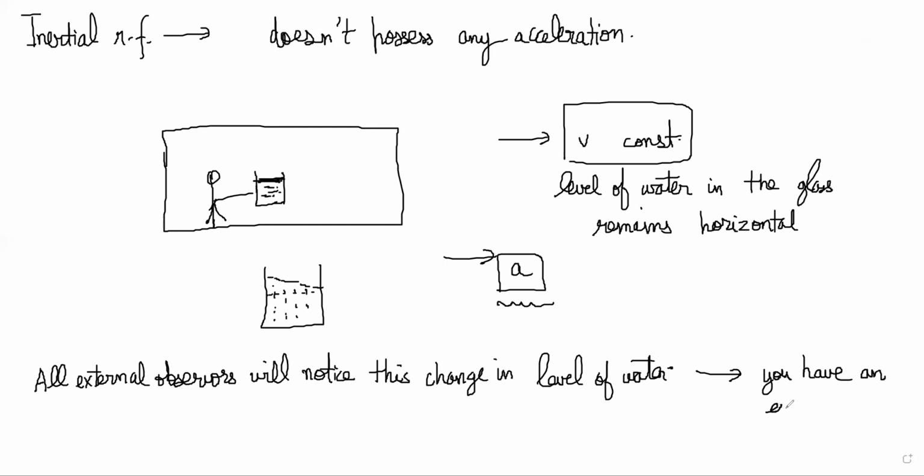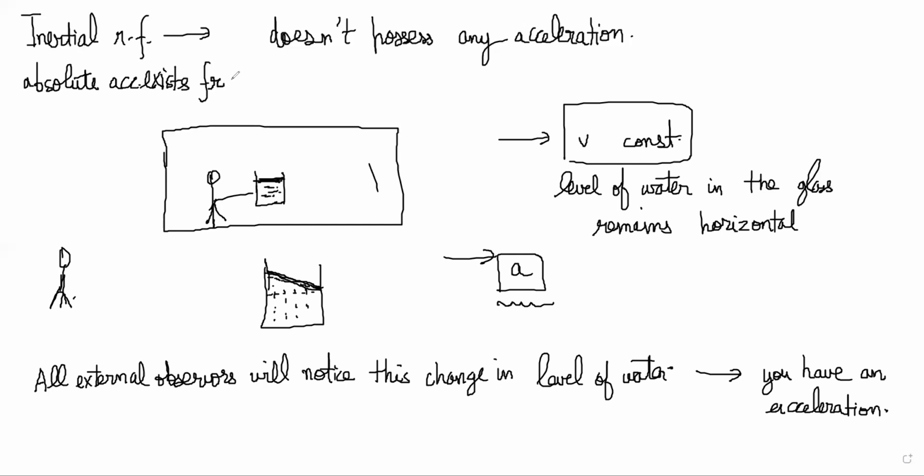Even if the person outside is himself accelerating, no matter what happens, everybody outside, even if they're moving with constant velocity, accelerating, or moving with zero velocity, will be able to see that the water level is like this. And everyone can conclude that this frame has an acceleration. So basically, an absolute acceleration exists from a Newtonian perspective.